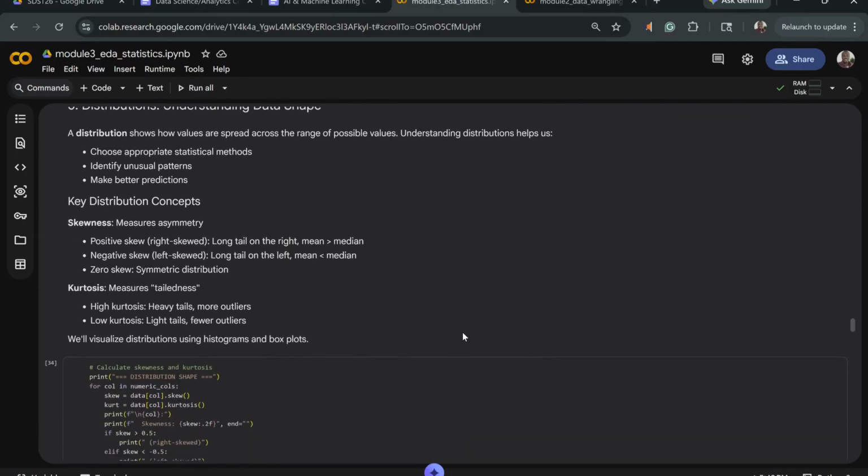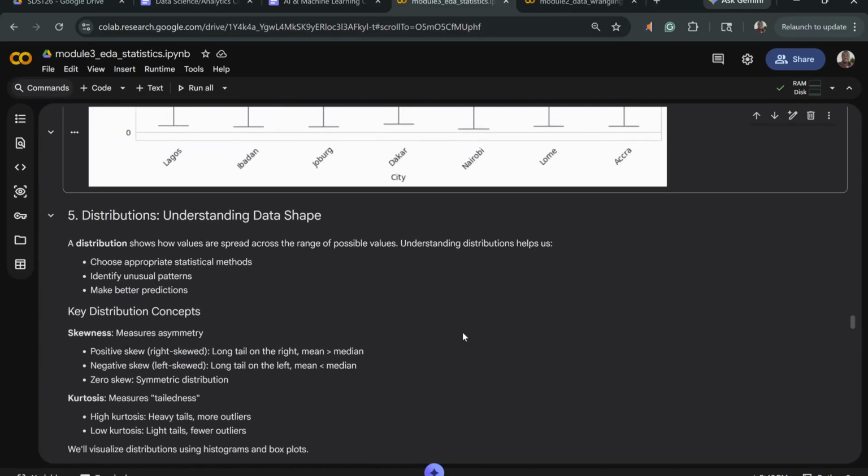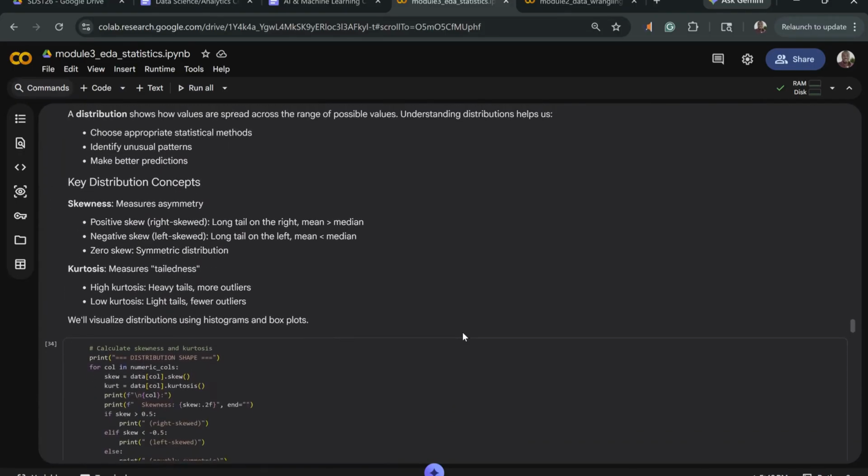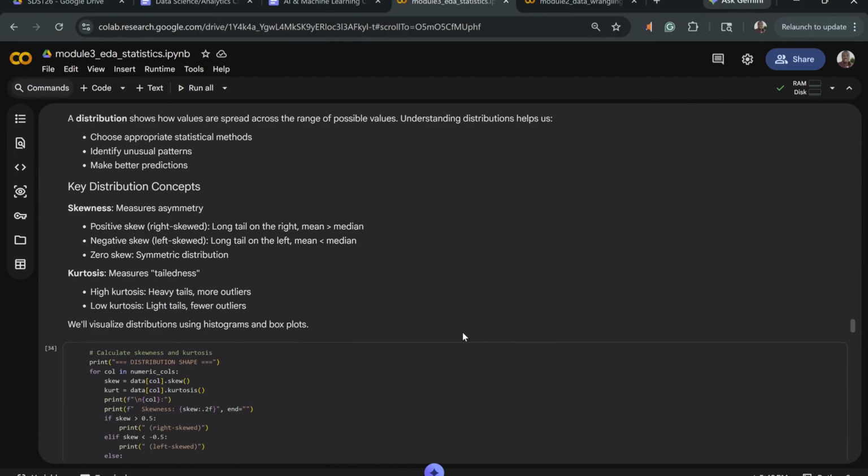I think we should go to the next one, which is understanding data shape. In our data shape, like I said earlier, we have skewness. Skewness measures how long the tail is to the right or left of the distribution, depending on the skewness. Positive skewness means it's right skewed.